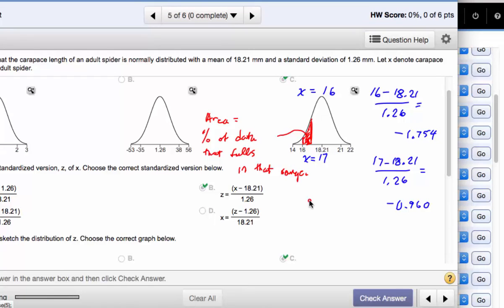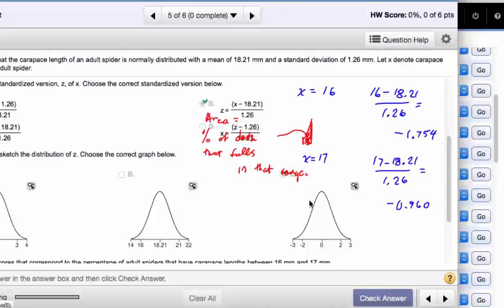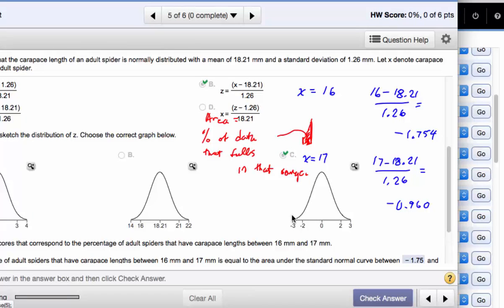So now that's between 16 and 17. What if I came down to the standard normal curve in black? What did we say? So if I were to go from negative 1.754 to negative 0.960, remember for x equals 16, that had a z-score of negative 1.754.